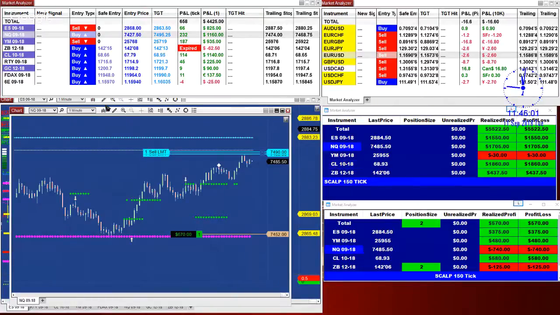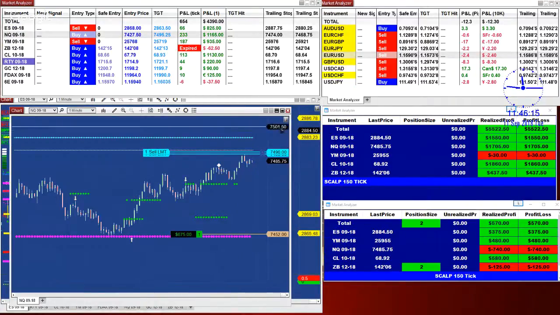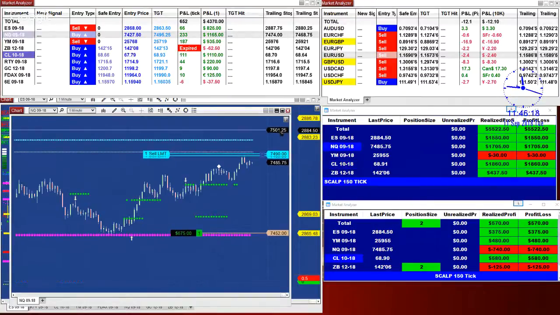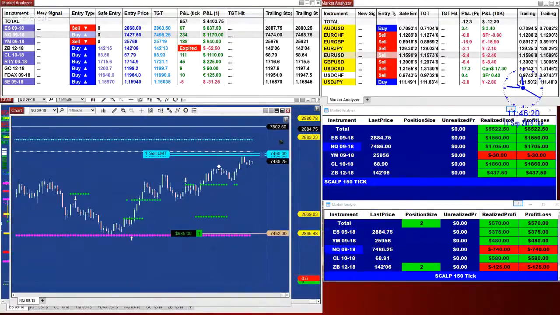There's a closed position, open position. So the bar came in there, but I was slow to take it. But we'll see. It's going to climb one more time.